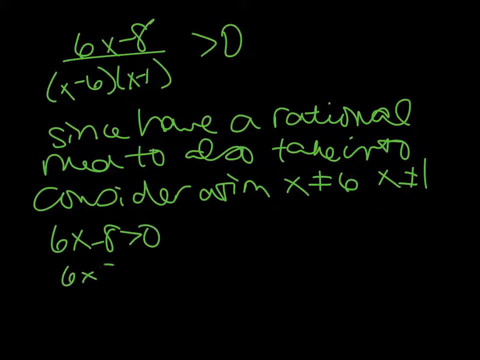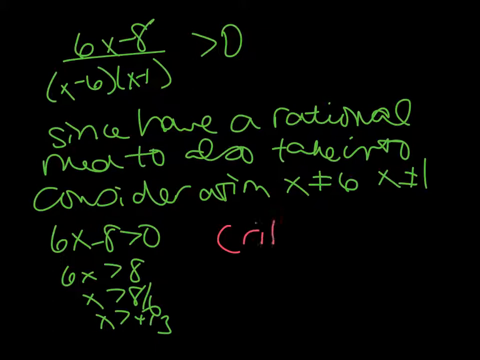So 6x is greater than 8, x is greater than 8/6, x is greater than 4/3. So our critical points that we're going to test, with x plus 1 from the previous screen, so this will be a -1, my critical points are going to be -1, 4/3, and 6. Those are going to be the critical places that I'm going to check.